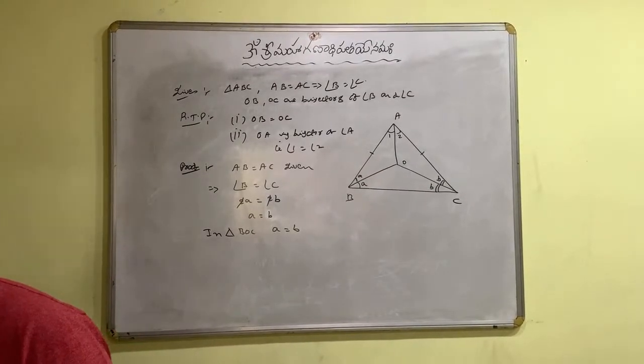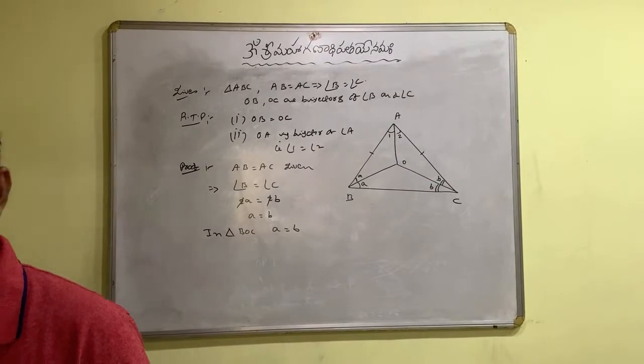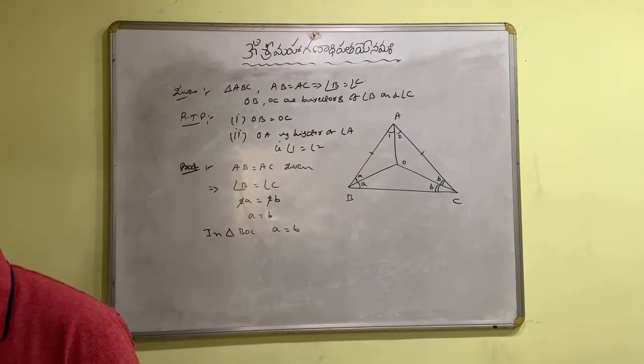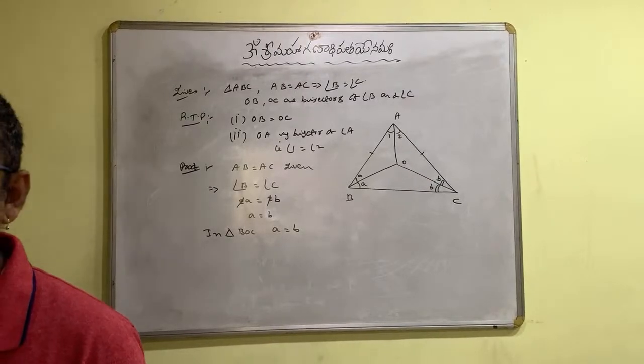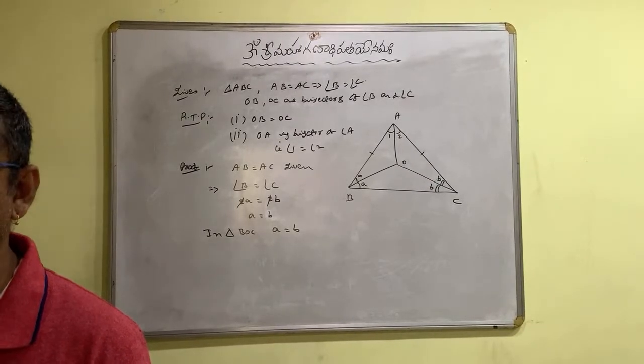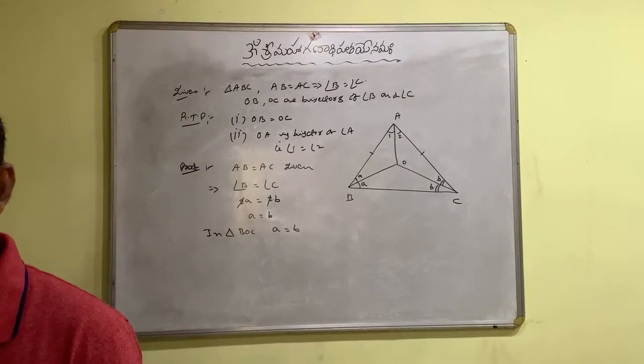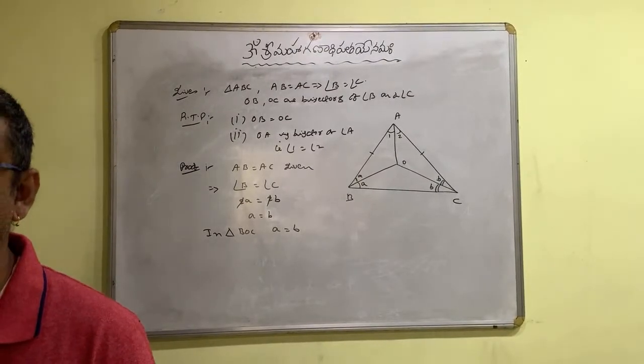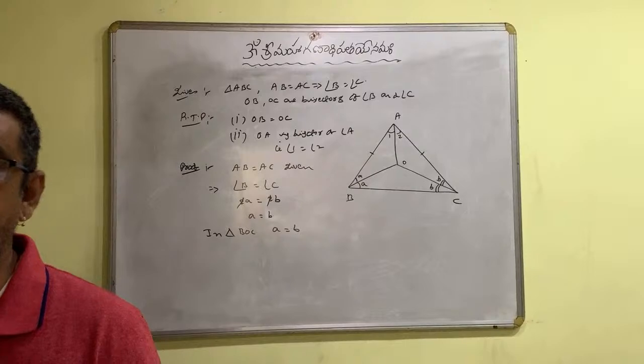Two of its angles are equal, right? That angle A and angle B are equal. So what do we call that triangle? Yes, isosceles triangle.